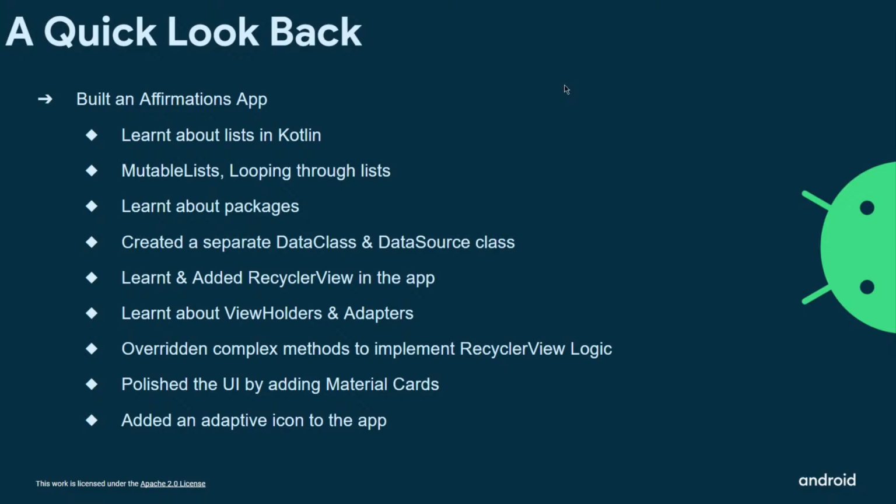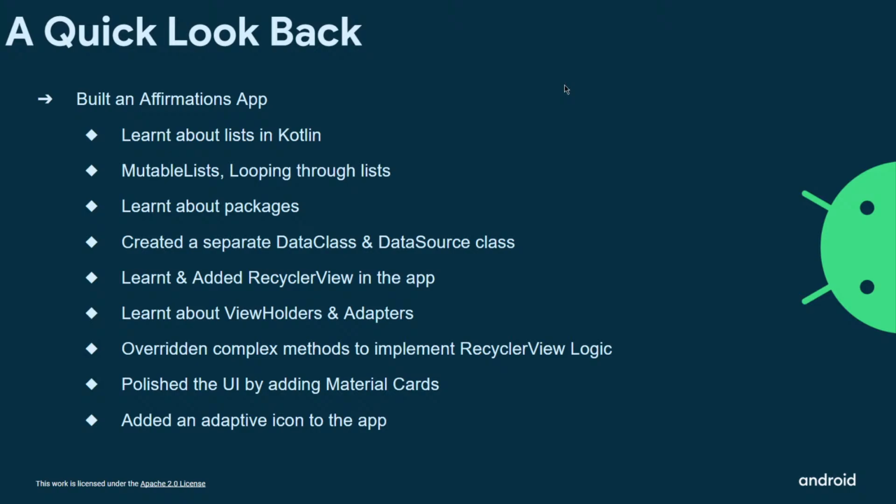And in the second pathway, we built an Affirmations app. And while building the Affirmations app, we learned about lists in Kotlin, different types of lists like mutable lists and the default lists, looping through the lists also. We learned about packages and how to organize our code in different packages. We created a separate data class and a data source class for our database and strings.